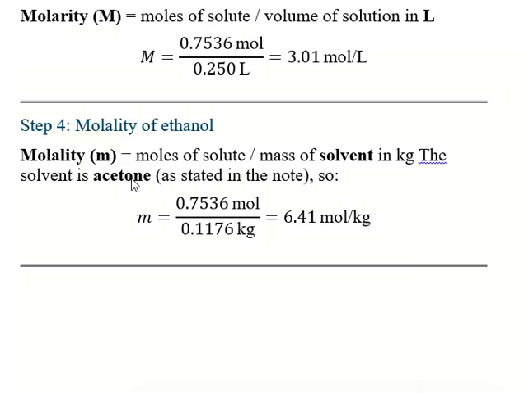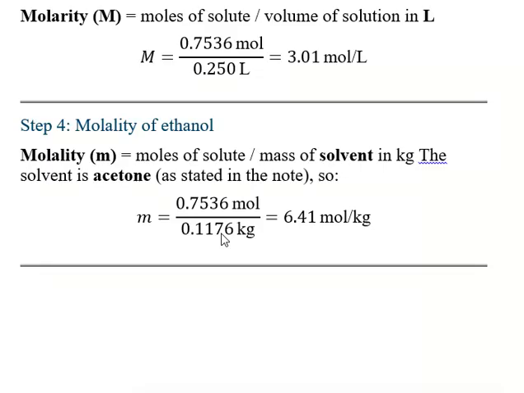Okay, so we change the acetone volume into mass, then into kg. Number of moles of ethanol is 0.7536 divided by the solvent in kg.